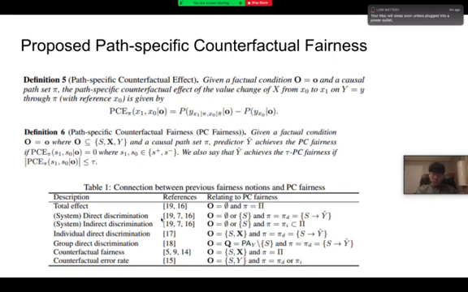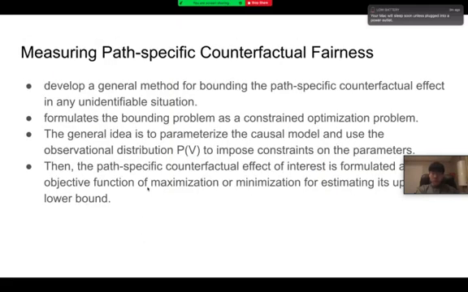And in addition to unifying the existing notions, the notion of PCFairness also resolves a new type of fairness that the previous notions could not do. One example is this individual direct discrimination. So for measuring this path-specific counterfactual fairness, they develop a general method for bounding the path-specific counterfactual effect in any unidentifiable situation.